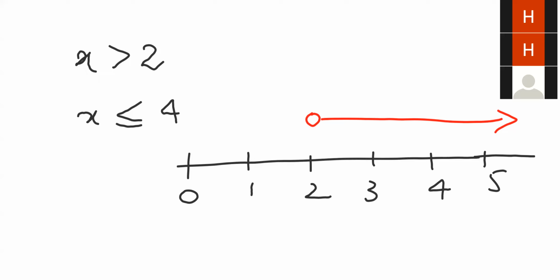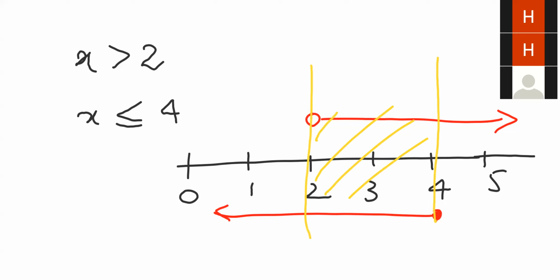Now the second one says that x is less than and equal to 4. So there will be a filled circle on 4 because there's an equal to sign, and since it's less than 4, my arrow is going to point towards this side. Now the range of values that come between these two is the intersection of your points, or all the numbers in between the 2 points, and that is going to be your answer.